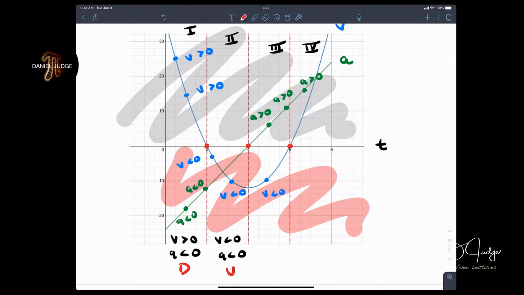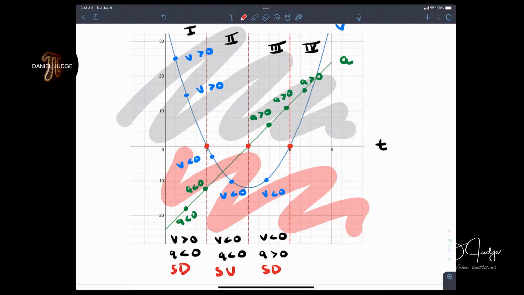Both curves are below the t-axis. And then region 3. In region 3, acceleration is above, so that means acceleration is positive. But velocity in blue is negative. So they have opposite signs. So this is slowing down.